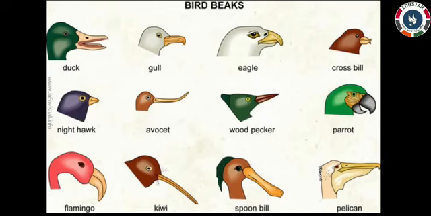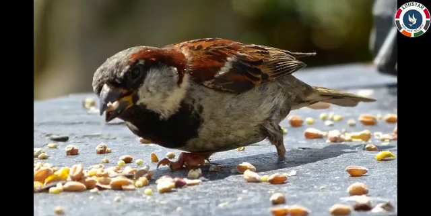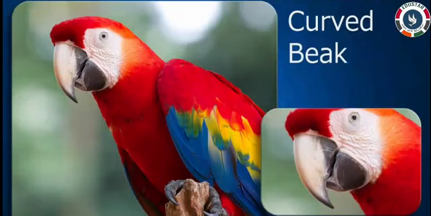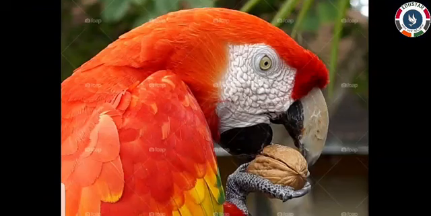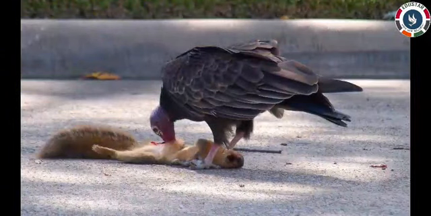Some of the beaks of birds and their uses are: first, a short and hard beak helps birds to crush grains and seeds. Next, a curved beak helps birds to crack nuts and hard fruits. Then, a strong, sharp and hooked beak helps birds to tear the flesh of their prey.